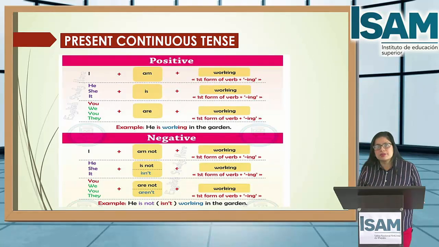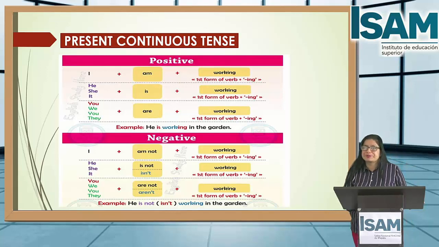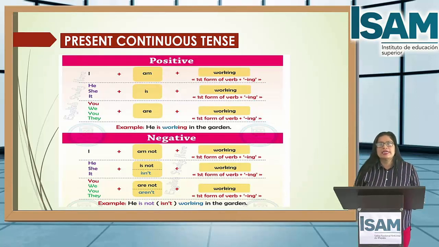In Spanish it means trabajando. La terminación ing, la podemos traducir de esta manera: ando, endo. Okay? In this case, you use working, trabajando. And also practice. Here, I am working.